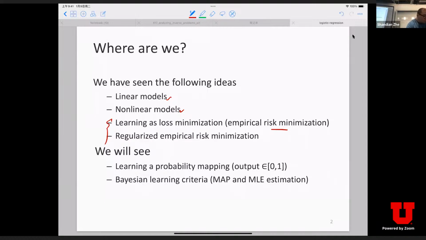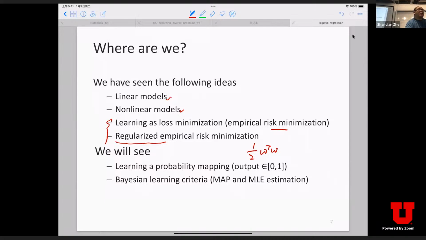So that's why in practice, we always add some regularizer. For example, in SVM, we add a regularizer which is half of the squared norm of the weight vector. And this regularizer, in essence, penalizes an overcomplicated hypothesis space, right?